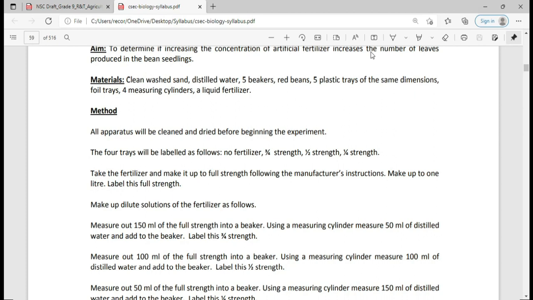Label this 3/4 strength. Look at what is happening. Measure out 100 ml of full strength into a beaker. This is a separate concentration. Using a measuring cylinder, measure 100 ml of distilled water and add to the beaker. Label this half strength.